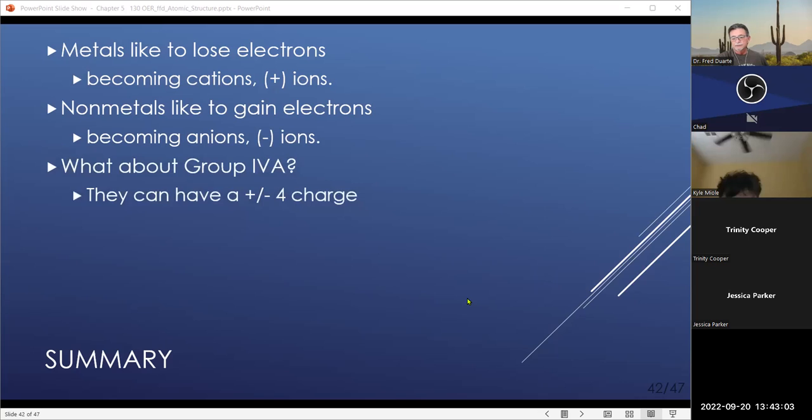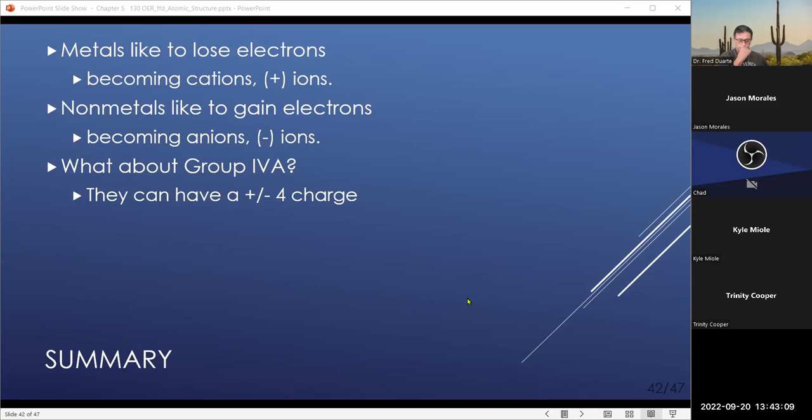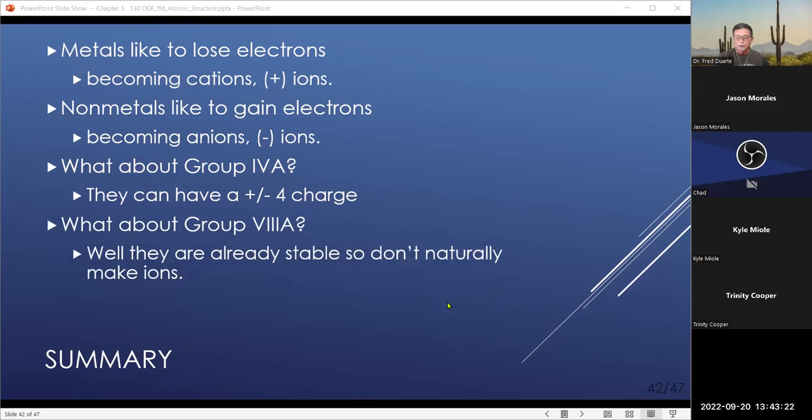All right, this is a rehash of group 4, where carbon is. They're on the fence. They can lose or gain electrons depending on the conditions, so they can have a charge range of +4 to -4. And obviously group 8, they're the noble gases. They're stable.